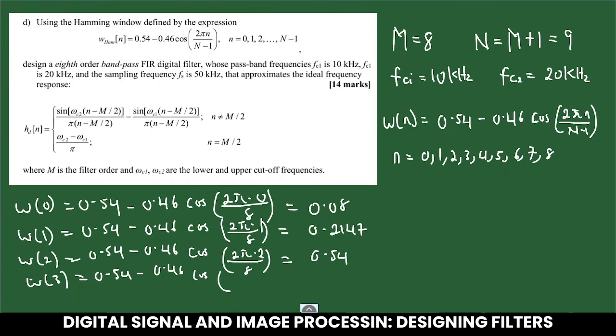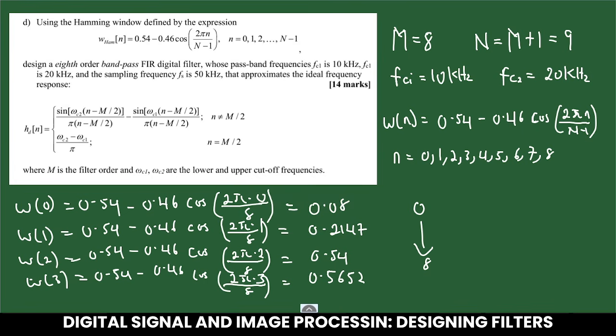Please, when doing your computation, you should make sure that your calculator is in radians, else you are going to get wrong values. So you do that from 0 up to 8.